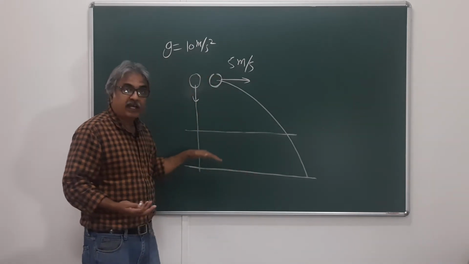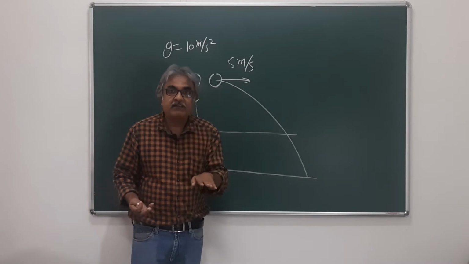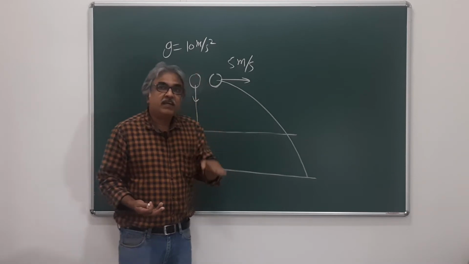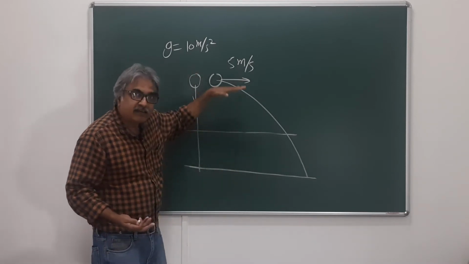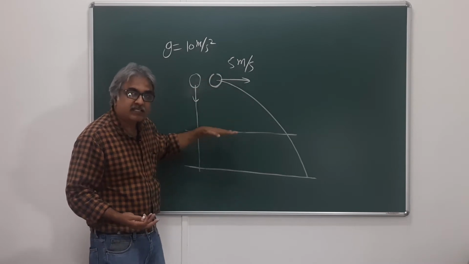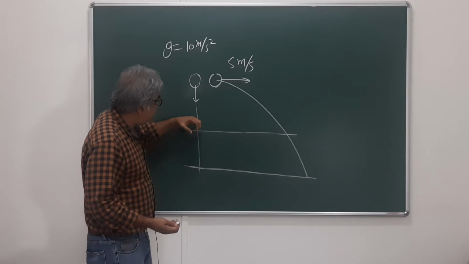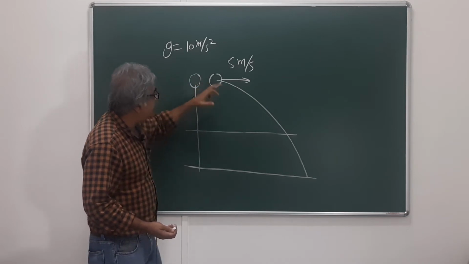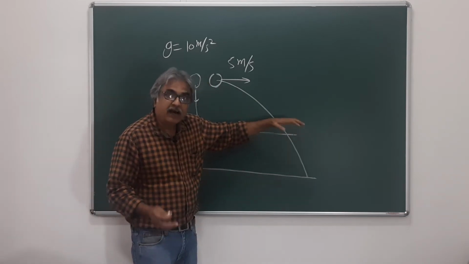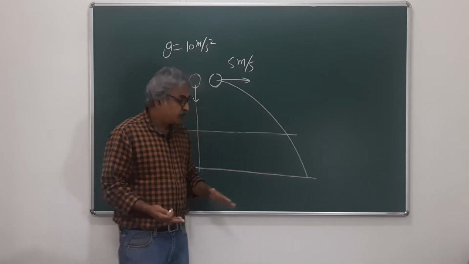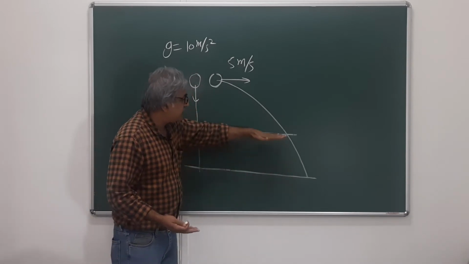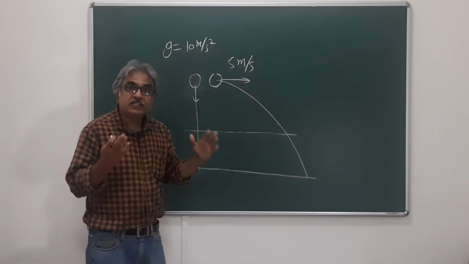So as far as their downward motion is considered, they will travel the same distance downward in the same time. That means this ball will be here, and this ball will be here, at the same time. So it doesn't matter whether the ground is here or here or here. This is what we have said.